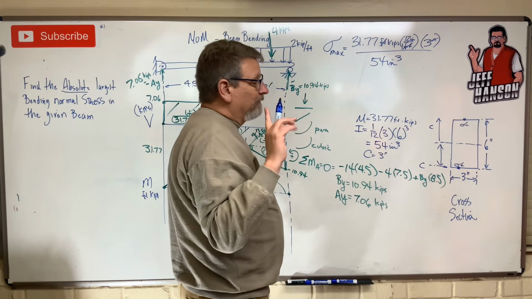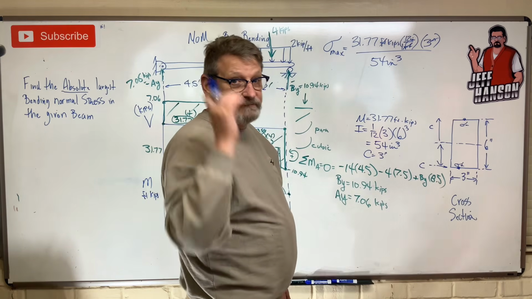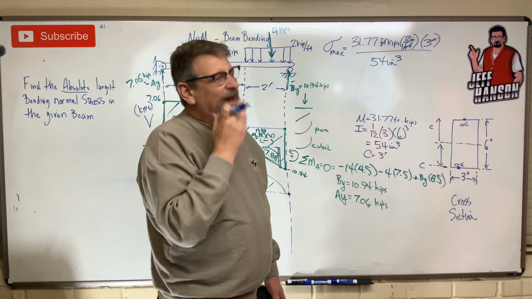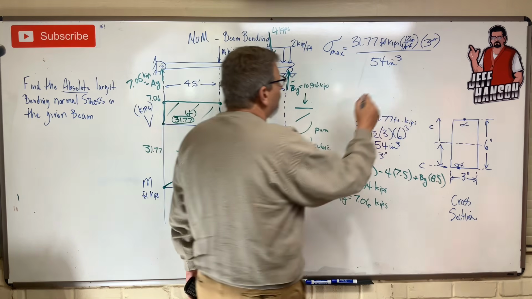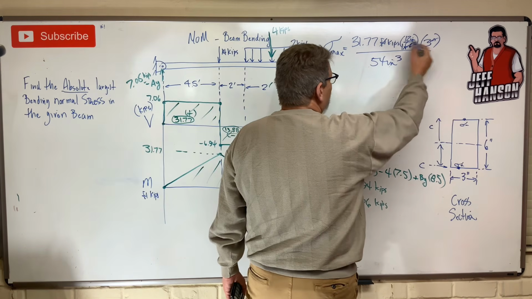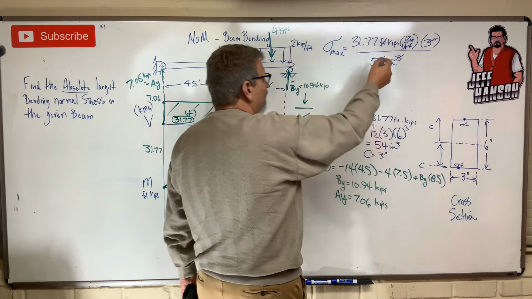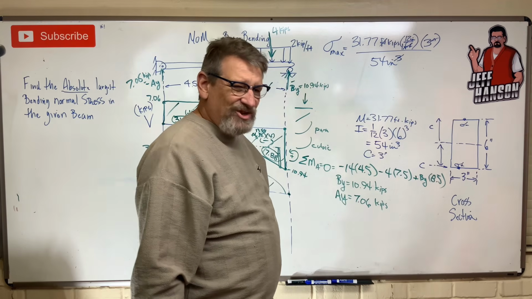Okay. Now I'm going to give you a little secret, okay? I messed up. But there's a lesson here, okay? I messed up. How do I know I messed up? Look here. I've got inches here and inches there. That's 2, right? So that would have made that just inches. I would have wound up with kips over inches. That's not a unit of stress.